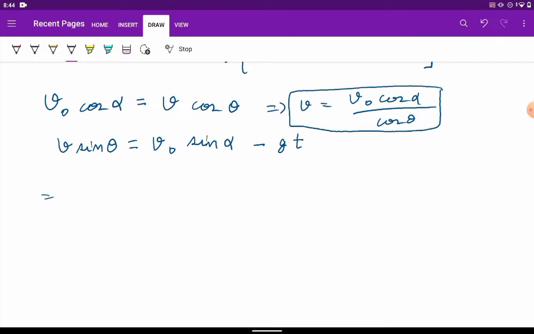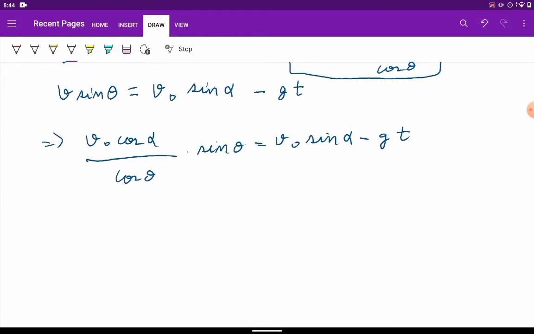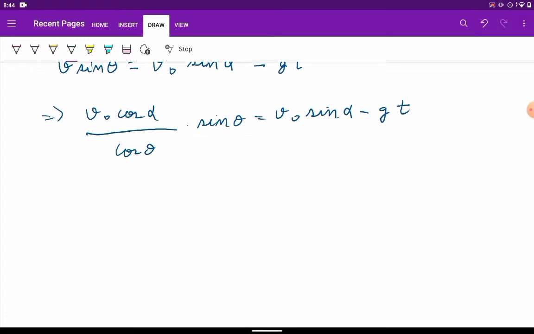Now this we substitute in the second equation. This becomes v naught cos alpha cos theta times sin theta equal to v naught sin alpha minus gt. Basically, let's divide both sides by v naught cos alpha.